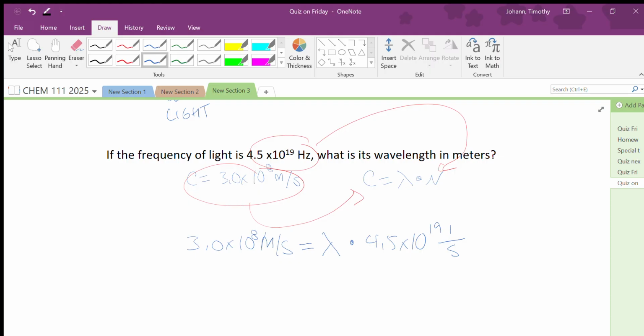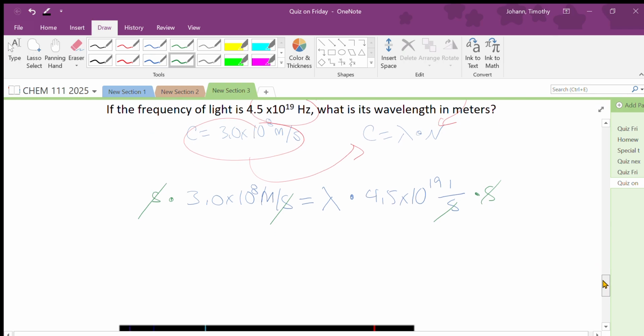So what I could do is multiply both sides times seconds. This seconds cancels with this seconds, and this seconds cancels with this seconds. I can do anything to any equation in algebra as long as I do it to both sides. Okay? So that's going to be our rule here. So I can go ahead and rewrite this, and I've gotten rid of some of my units.